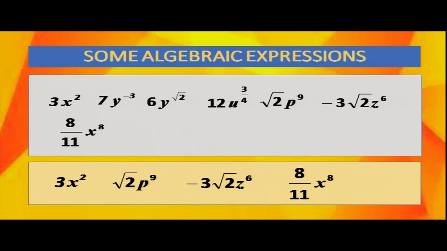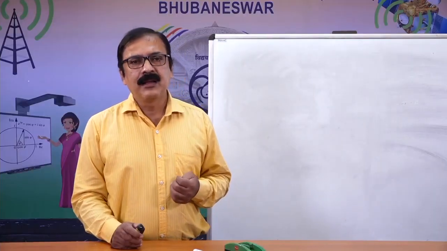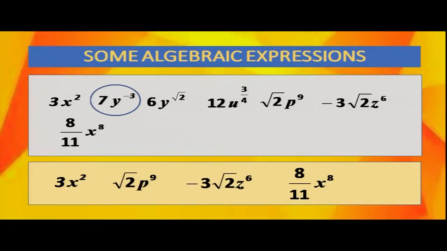Why are they monomials? What about the rest? The remaining algebraic expressions are 7y to the power minus 3, 6y to the power root 2, and 12u to the power 3 by 4. What is the difference between these? Why are these four called monomials and the rest are not?